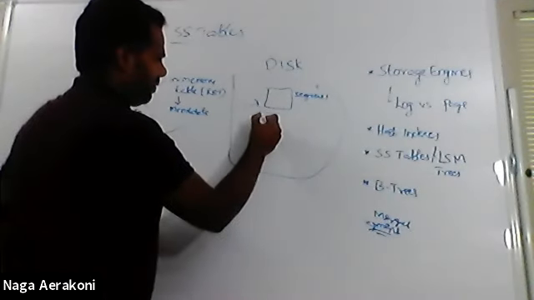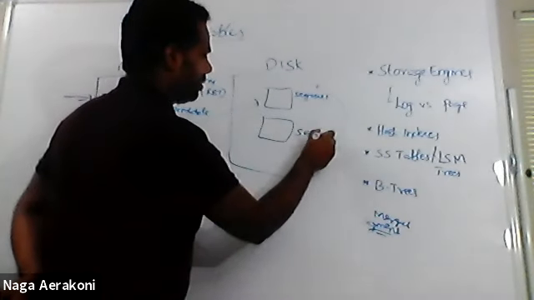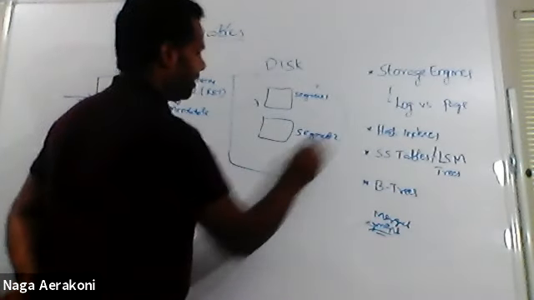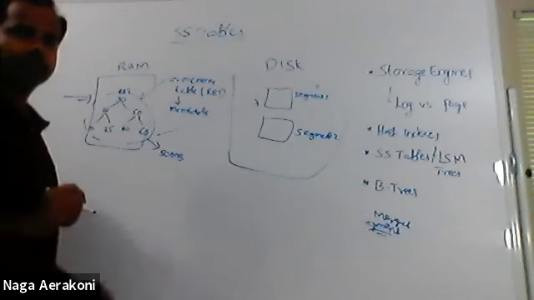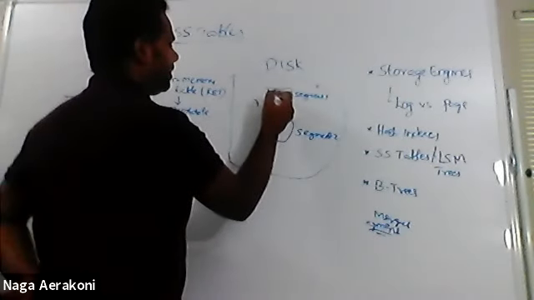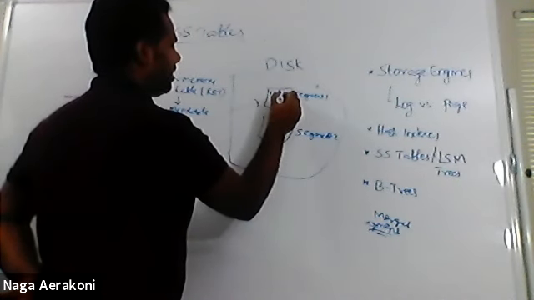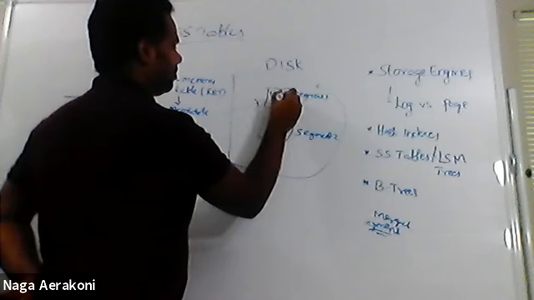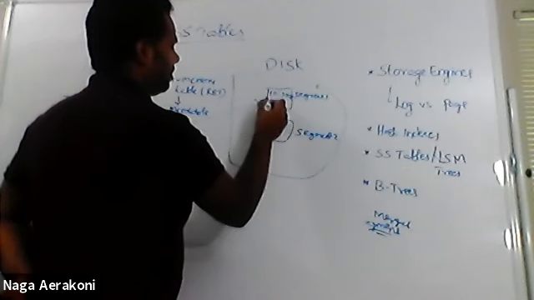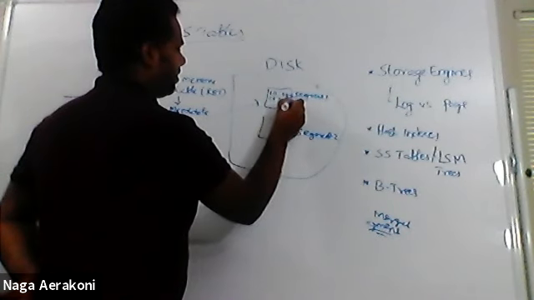So you will also have similar segments here, segment 1, segment 2, as and when the writes are happening. And each of these will have, let's say in this case, 10 as a key and a value of Naga or whatever, and you may have another, like 15, and again some other value.